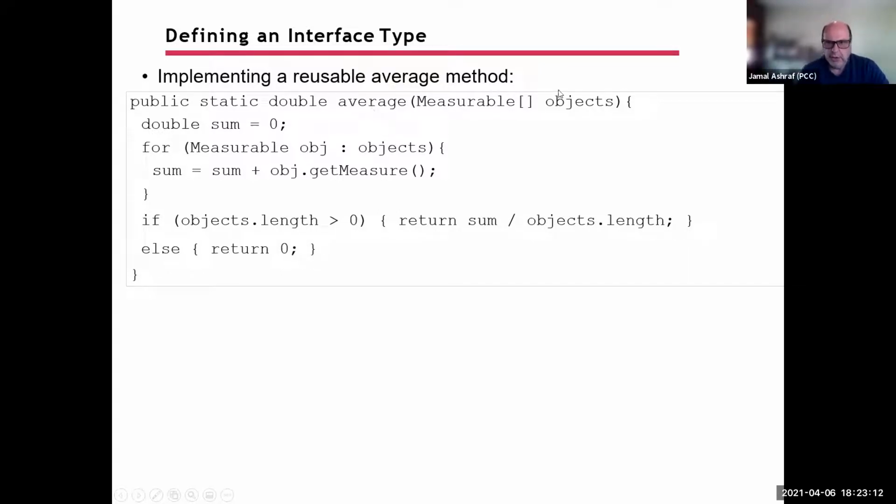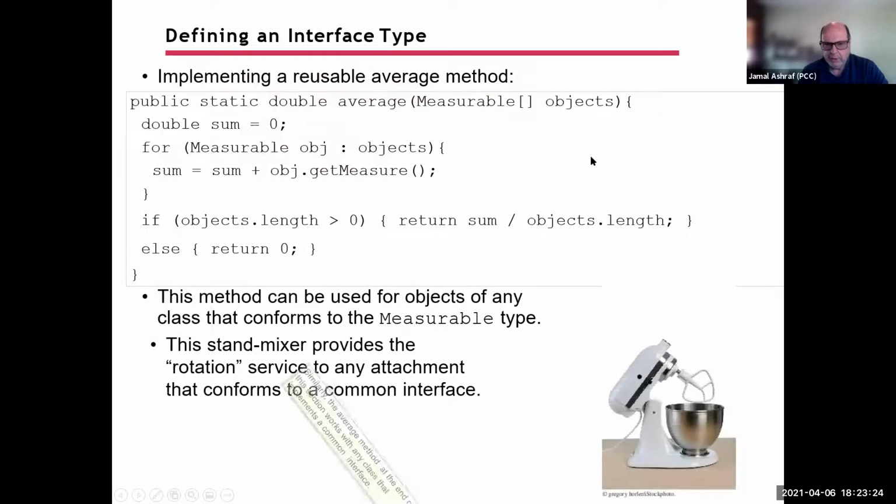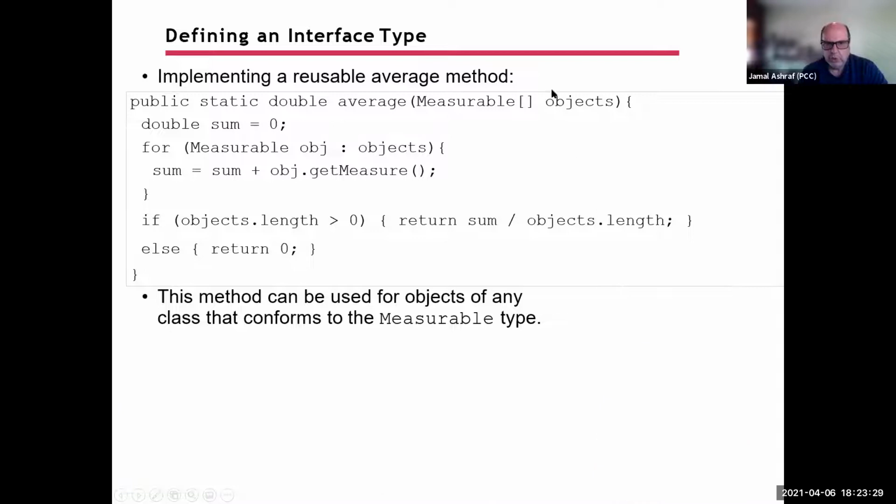We're going to get a list of objects coming to us. And we all agreed that no matter what objects you give me, you will give me a get measure. No matter what object is coming in, it's going to have the get measure in it.